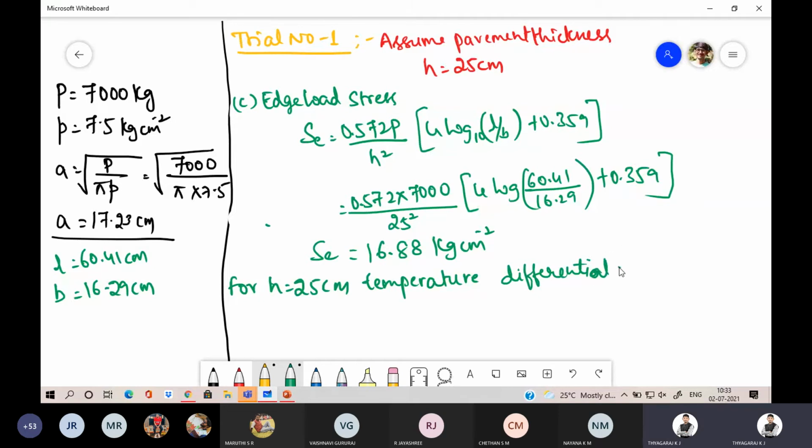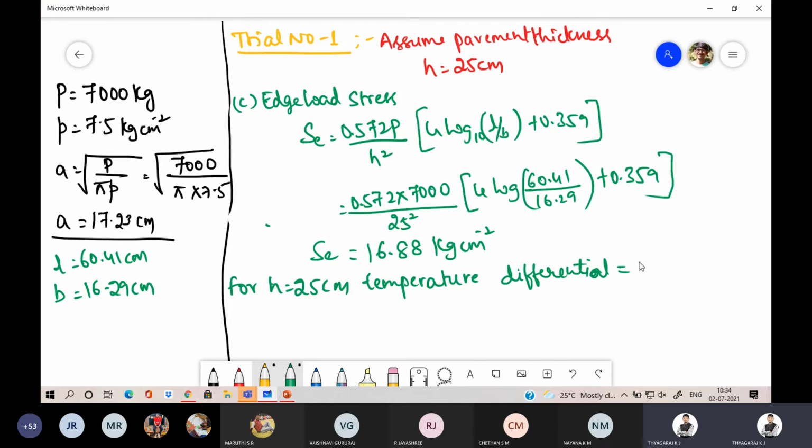Kindly refer to the question. Did they give the temperature differential for 25 centimeter? No, sir. What have they given? For 24 and 26 they have given, right? Yes, sir. So we will take the average of 24 and 26, which will be 25 centimeter.